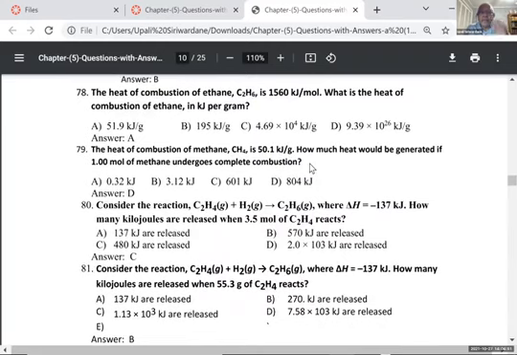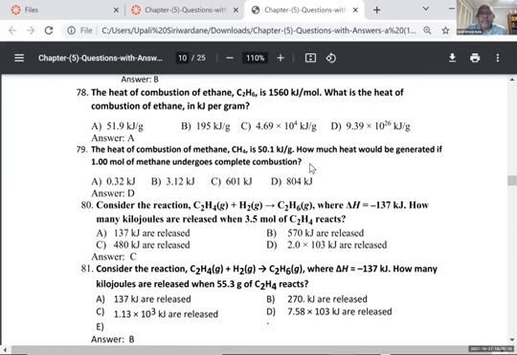Heat of combustion of 1 mole of ethane is 1560 kilojoules. What is the heat of combustion in kilojoules per gram? So you have to convert, this is per mole. That means a mole is the molar mass in grams.